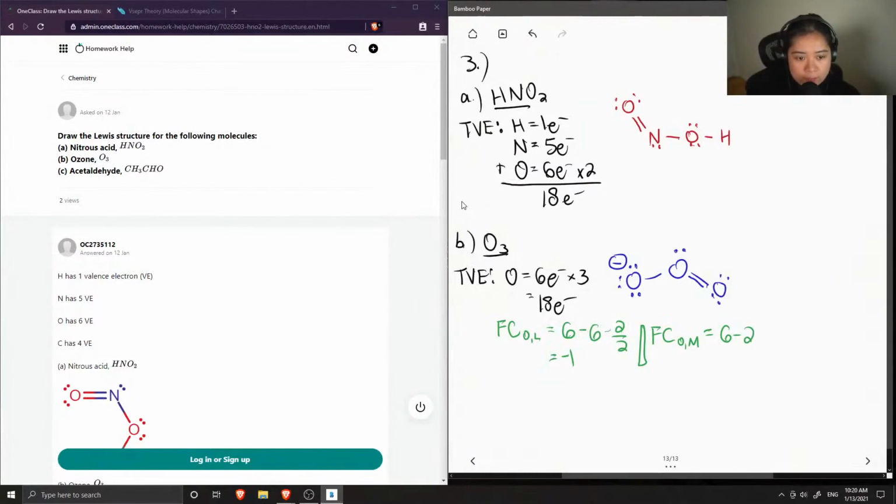So we have a total of 6 bonding electrons divided by 2. So 6 minus 2 minus 4 would just be 0.